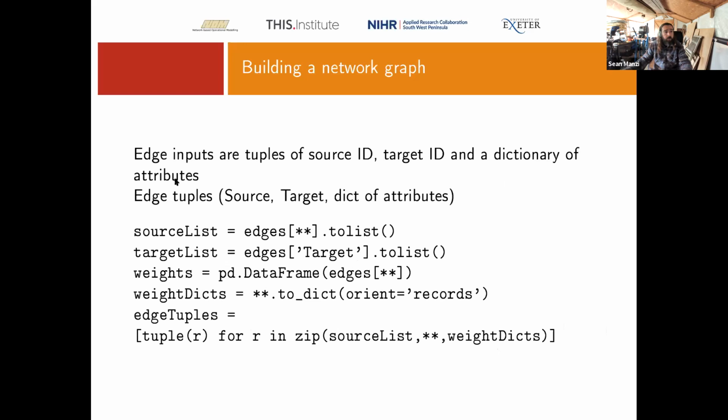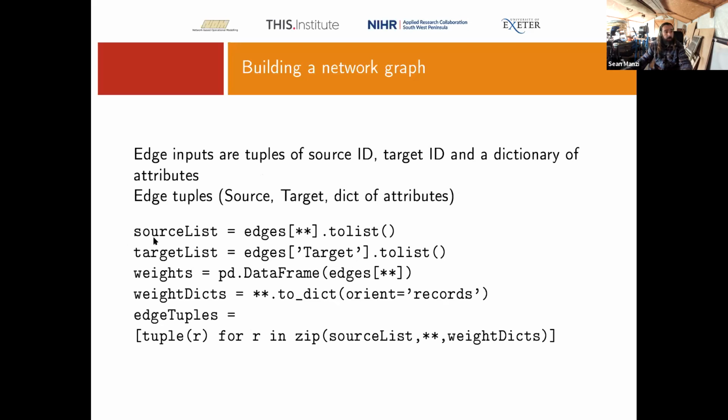Then we go on to create the edge inputs. So this is going to be our source ID, a target ID, and then a dictionary of attributes. So the edge tuple takes the form of the source, the target, and a dictionary of attributes that accompany that particular edge.